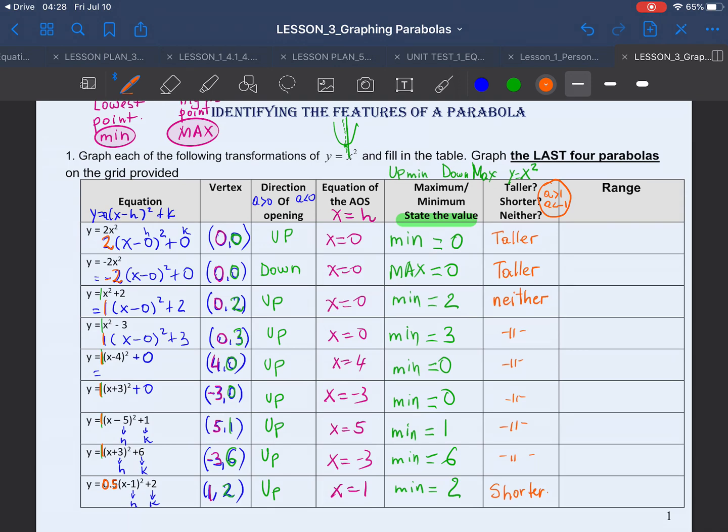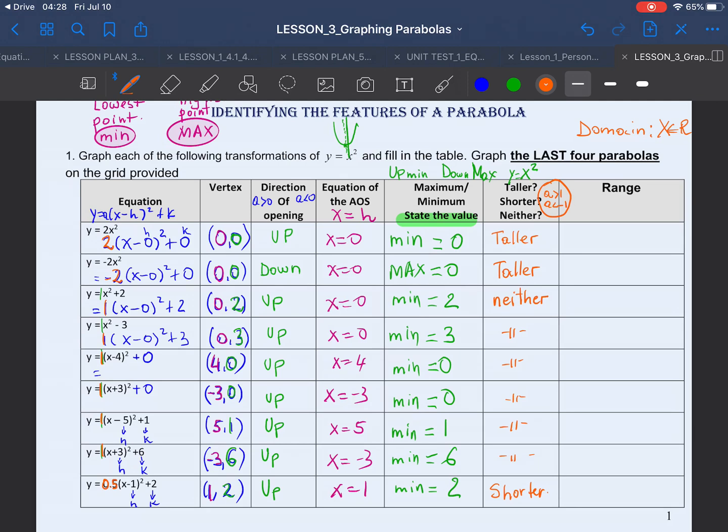Now there is one last definition or one last concept we need to go over: the range. Remember that for every relation we need to determine the domain and the range. And the domain, just so that we make sure here, for quadratic relations never changes.